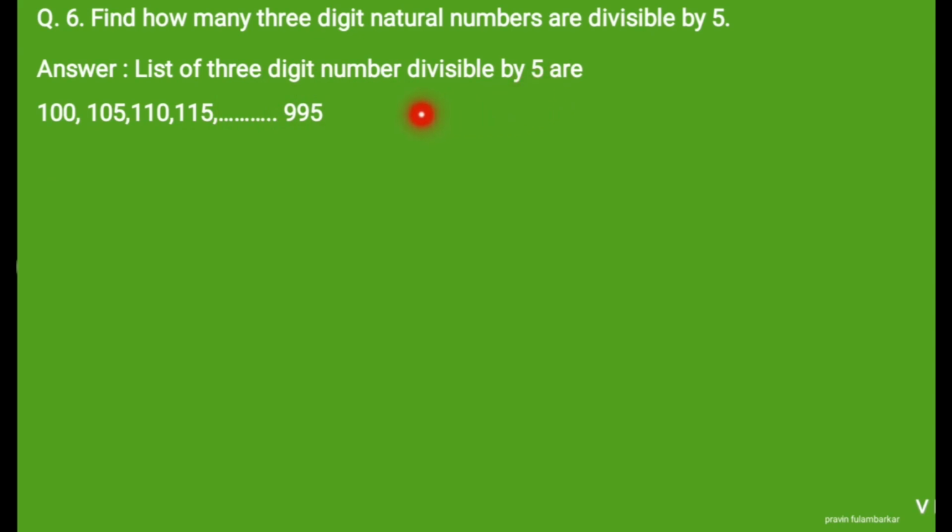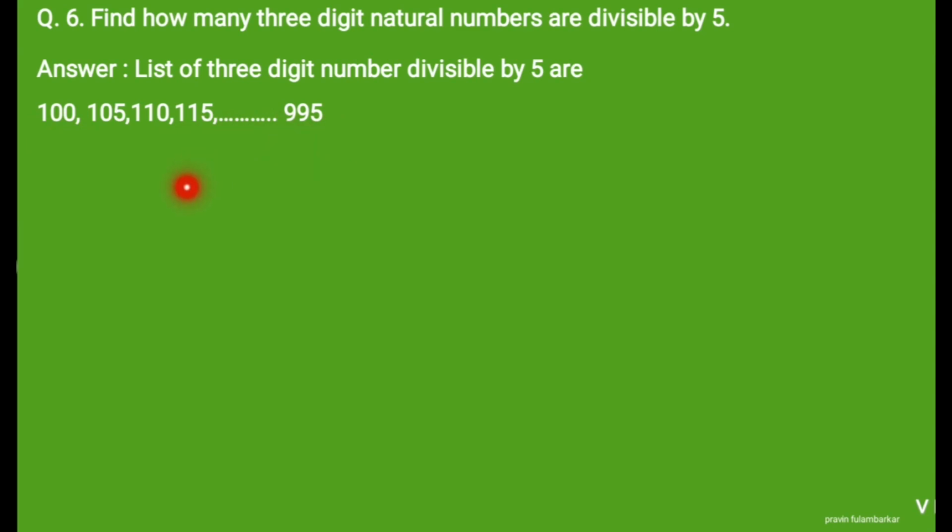So instead of writing the last number as 999, we require a number which is divisible by 5. So we take only those numbers which are divisible by 5. We know that 100 is divisible by 5 and the last number 995 is also divisible by 5.